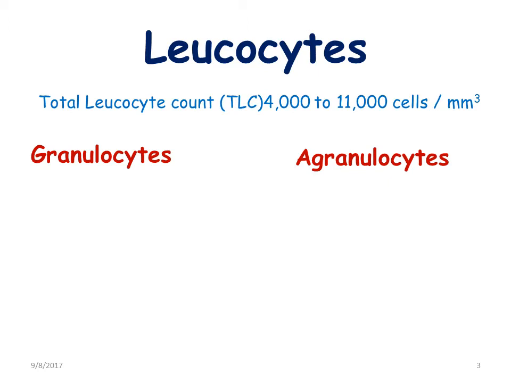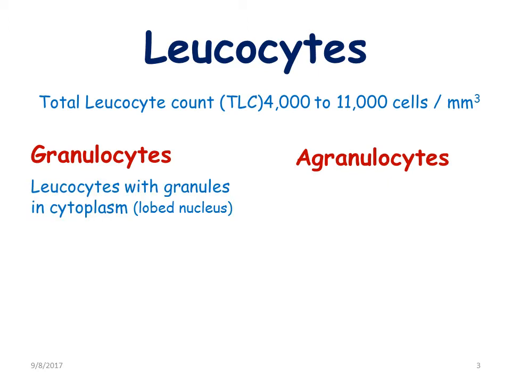These granulocytes are of different types. They are called granulocytes because these are leukocytes with granules in the cytoplasm, and they have a lobed nucleus. They are the neutrophils, the eosinophils and the basophils.